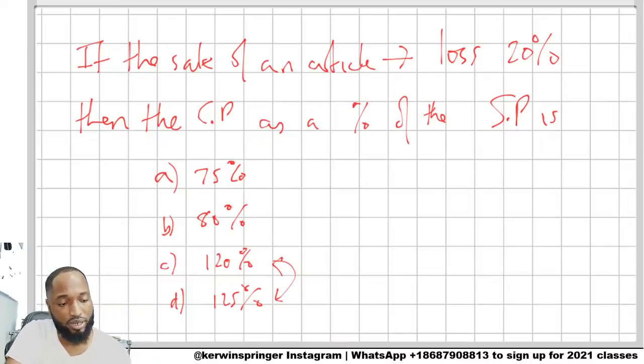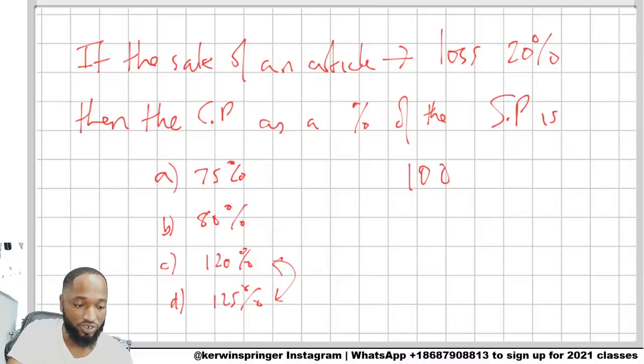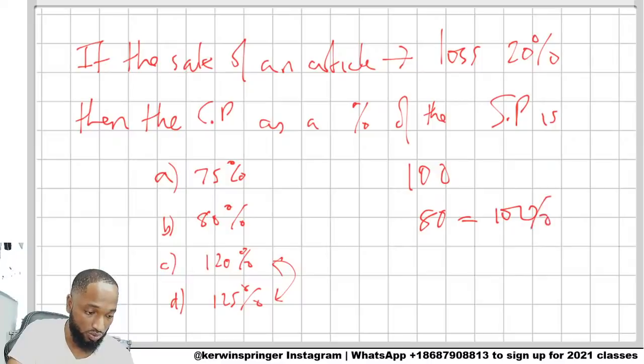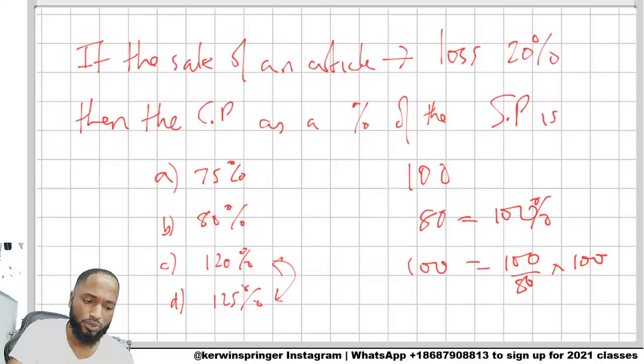So let's use 100 as an example. If you buy it for $100, you sell it for $80. So 100 as a percentage of 80: if 80 is equal to 100%, then 100 is equal to 100 divided by 80 multiplied by 100.